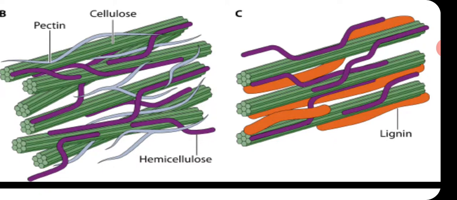In some other cell walls, there may be lignin. The orange color material is lignin. So pectin and lignin can form some matrix, but the dark green filament is known as the cellulose filament, together with the hemicellulose filament.